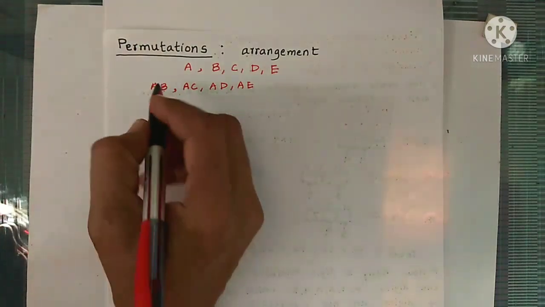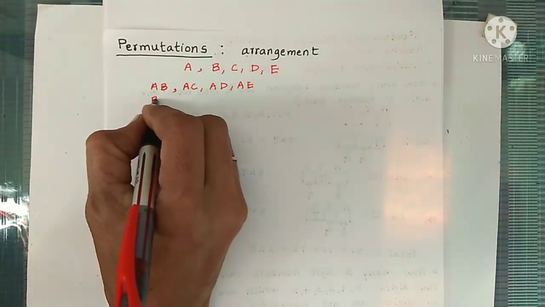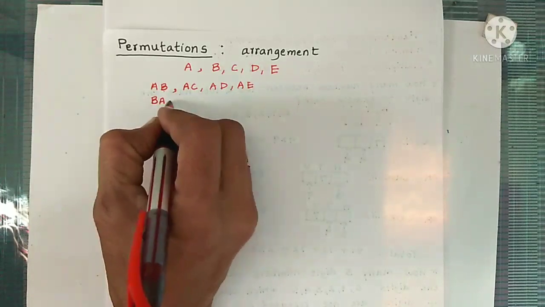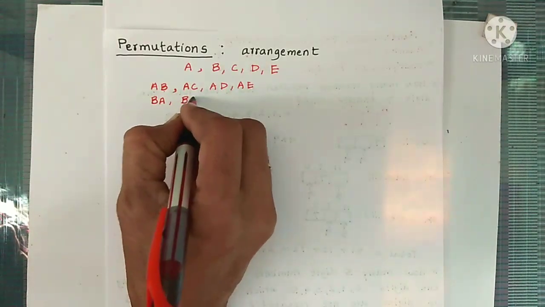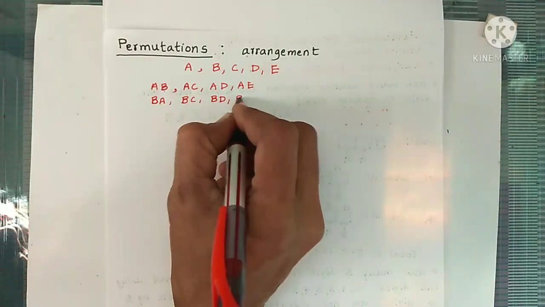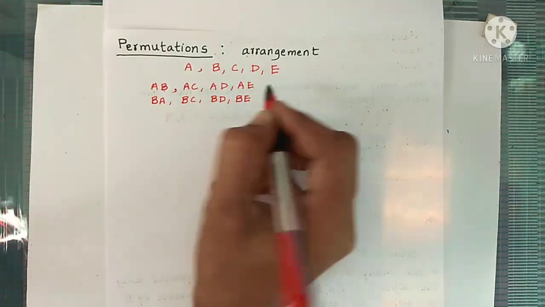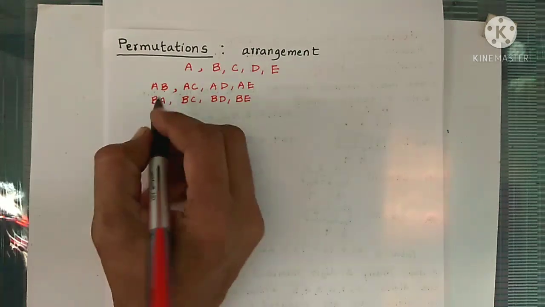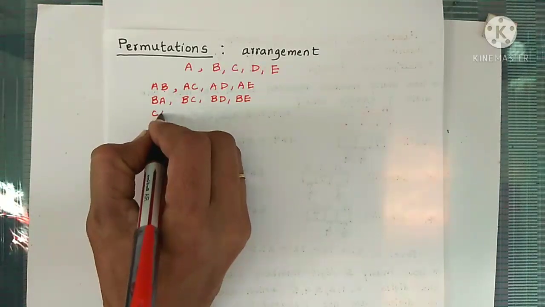Now let's take B in first place. So B, and now let's vary the second. BA, BC, BD, BE. So keeping B fixed, we have these 4 possibilities or 4 arrangements. Now let's fix C in the first place.